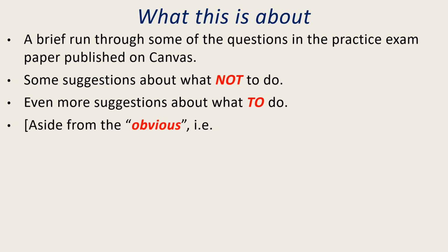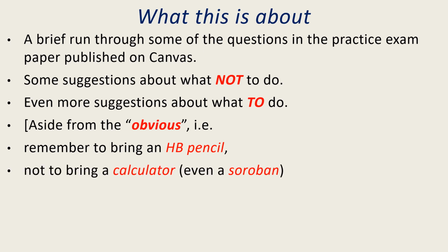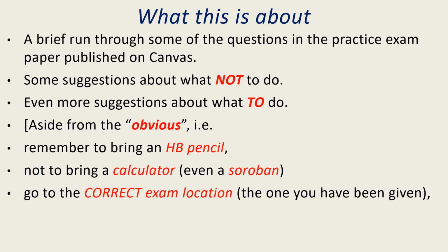That is, aside from the obvious, such as remember to bring an HB pencil, not to bring a calculator, even a soroban, that's a classical Japanese abacus, to go to the correct exam location. This is a problem with split site exams.